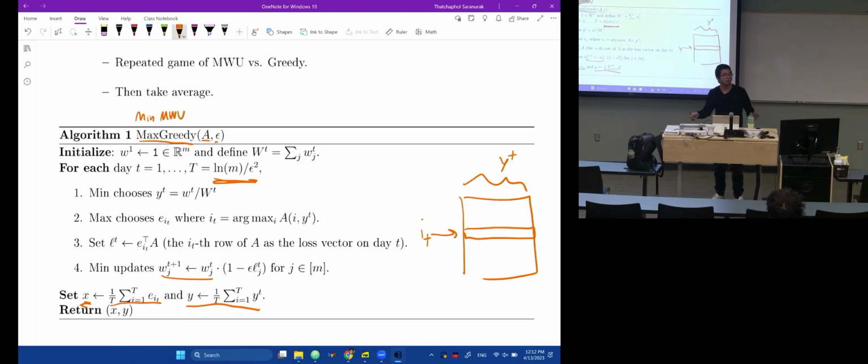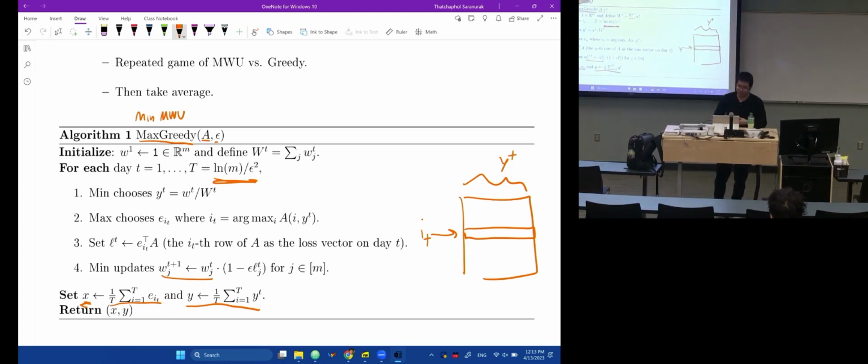Okay, so this algorithm is what we talked about last time. Any questions about this actually? Okay. So it's just some algorithm where they play against each other, and then both strategies will converge. After averaging, the strategies will converge to something good.